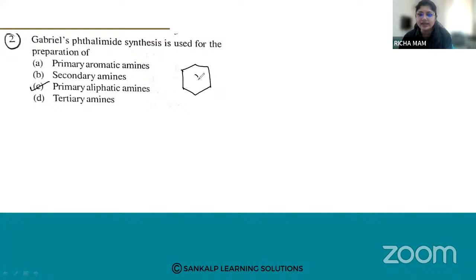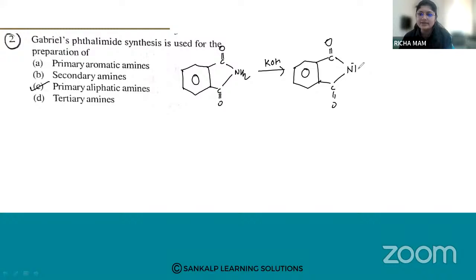We have a phthalimide. This is a compound called phthalimide. We are going to react this phthalimide with KOH. The rest of the compound remains the same; the only change is at the C double bond O, and N minus K plus.